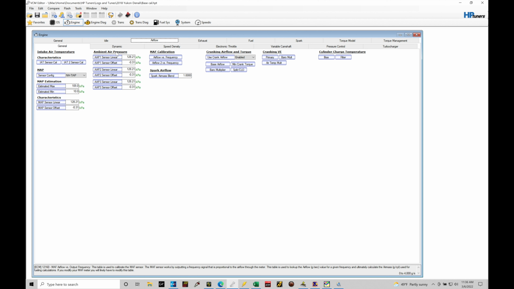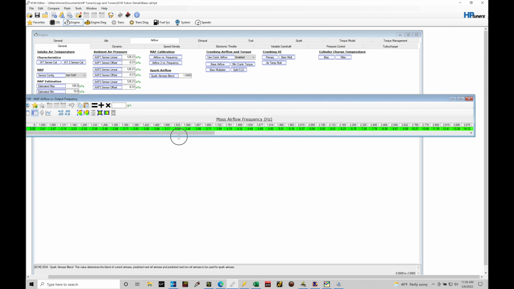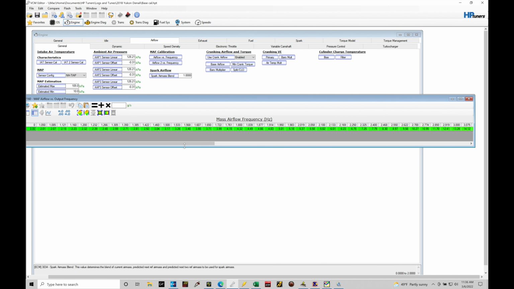So it's a proportional signal: airflow comes over the sensor, and it sends out a frequency, hertz-based signal. We look at the frequency it's outputting, then look it up in this table. It's a one-to-one lookup, and this will be what the actual airflow is in grams per second, or whatever unit scale you're working in.